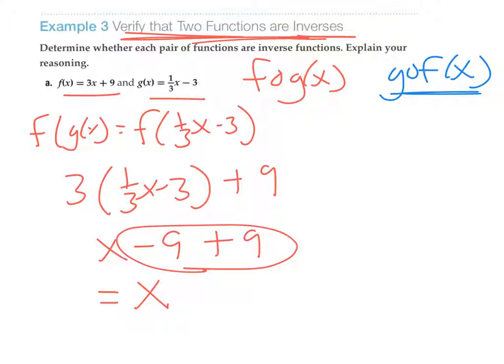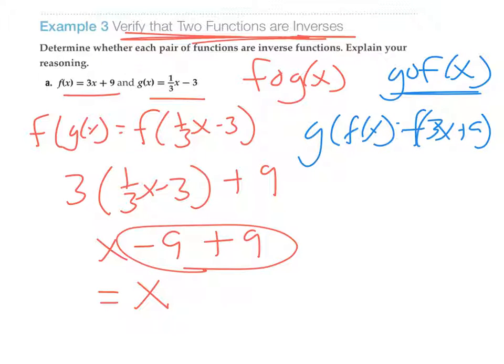So let's do the blue function. So in this case, we're going to compose the g with the f, and the f happens to be 3x plus 9. So then I'm going to have g of 3x plus 9 that I'm going to substitute.